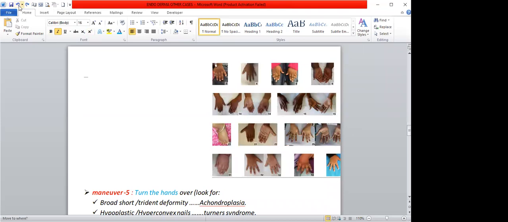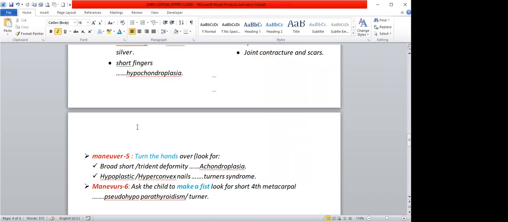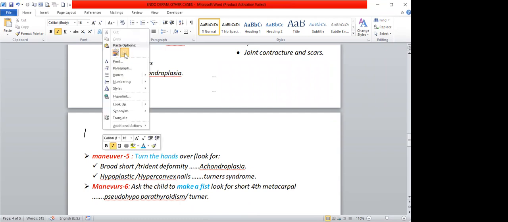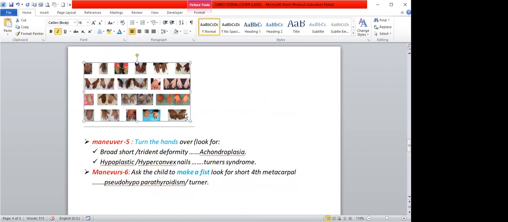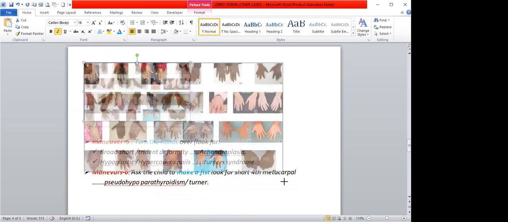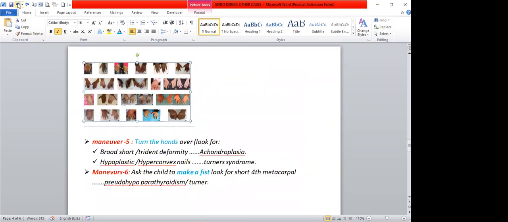Some divided into two, I think. Let me cut it out and paste one more time. Okay, it's very small actually. It's difficult to see.